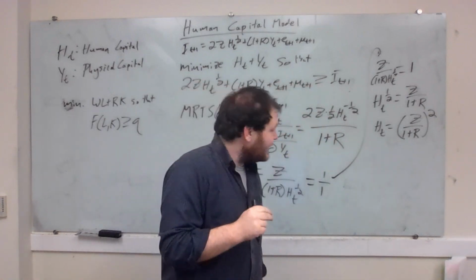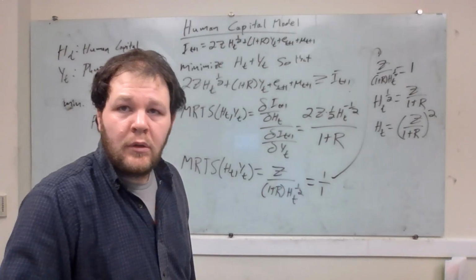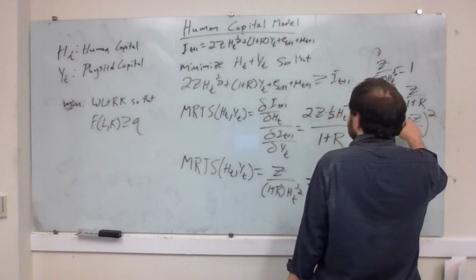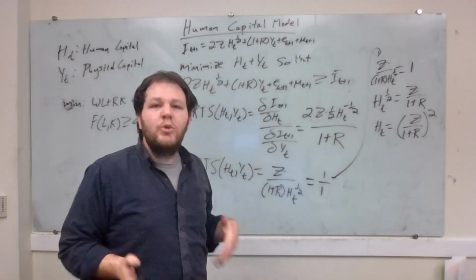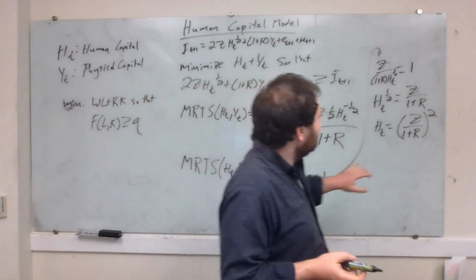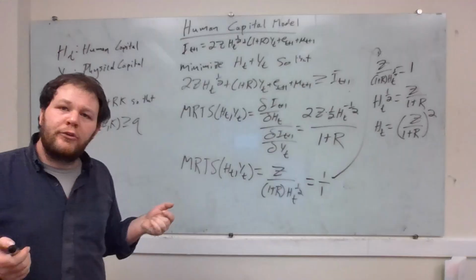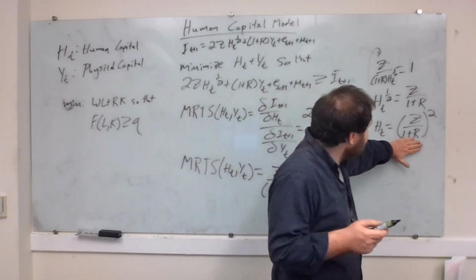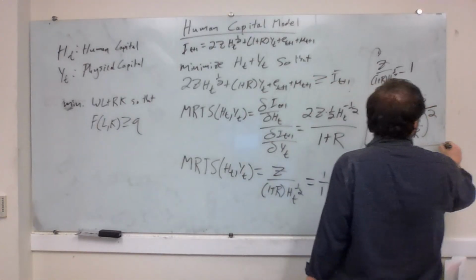So what's this telling us? It's telling us something really cool: our optimal choice of human capital depends on z, which we might think of as the returns to education or individual ability, divided by the interest rate you can get on physical capital, all squared. What's missing from this function is anything related to our income.